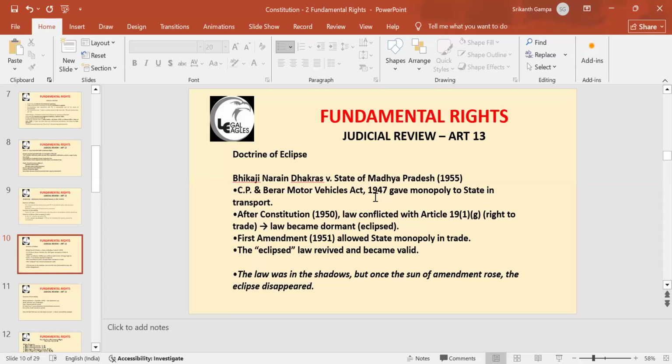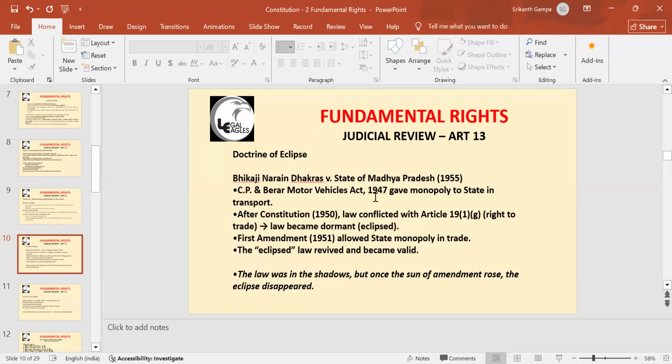So during an eclipse, the sun will not be visible. Let us take the solar eclipse. In a solar eclipse, the sun is not visible because the moon comes between the sun and the earth. Once it moves away, the sun is visible again. Similarly, in the doctrine of eclipse, that particular act is suspended temporarily.